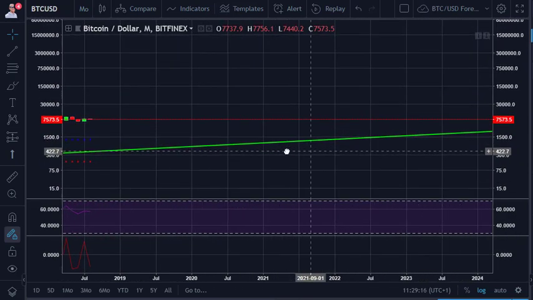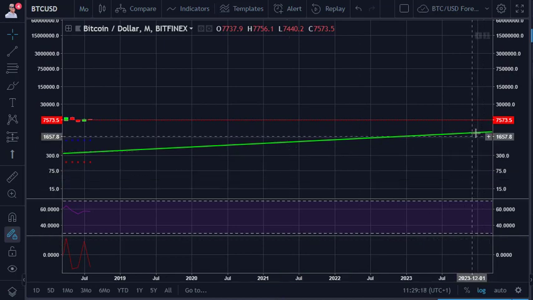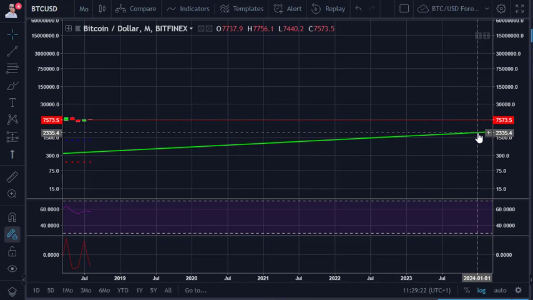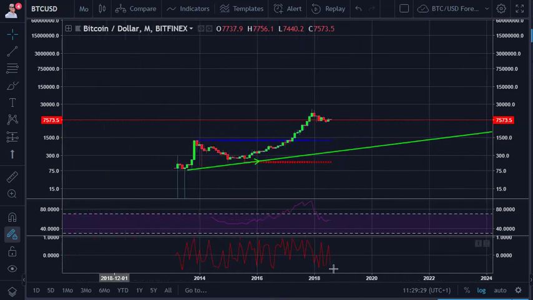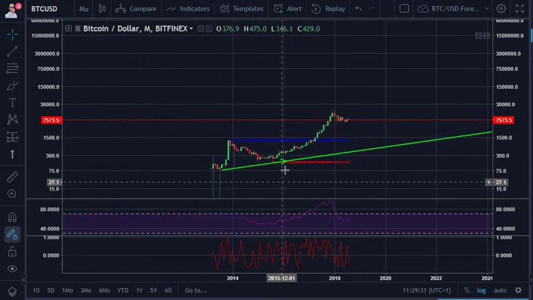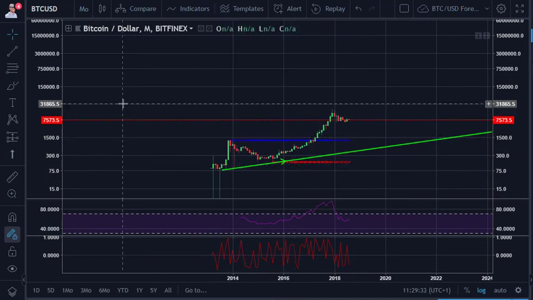We can go as far as 2024 here on the graph. It does represent a pretty low price, a lot lower than the current price is today. So what we can do is look for another pattern.